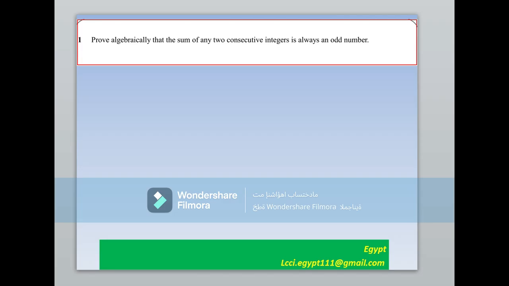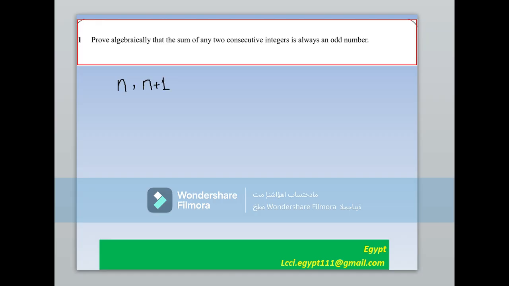Prove algebraically that the sum of any two consecutive integers is always an odd number. Let's start with two consecutive integers. What about two consecutive integers? Like the first is n and the consecutive integer n plus 1.